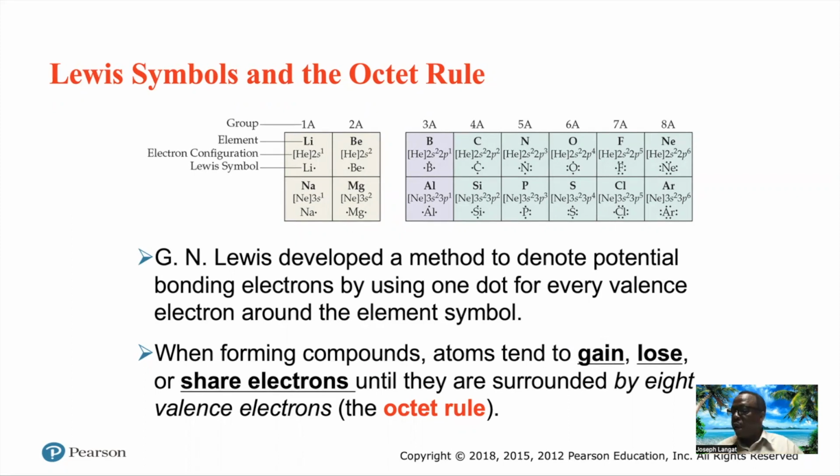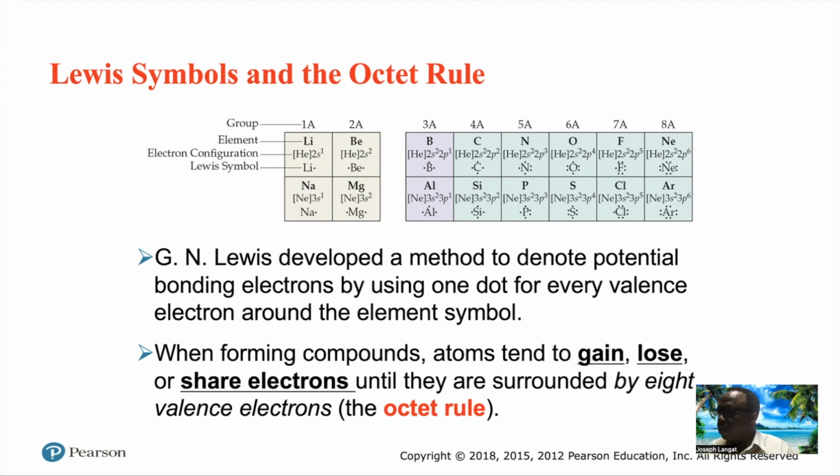Watch this. For nitrogen, this is how you go about it: 1, 2, 3, 4, 5. So you have 5 valence electrons. For group 7, such as fluorine, 1, 2, 3, 4, 5, 6, 7.